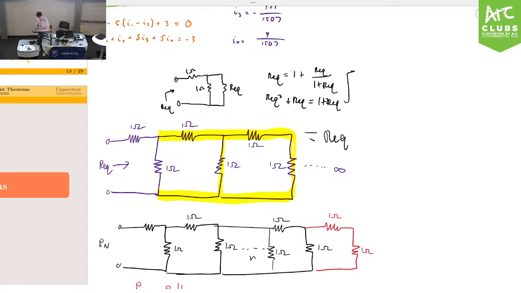If I rearrange, I get REQ squared minus REQ minus 1, my bad, is equal to 0. Now if you solve this, you'd have to complete the square because it's irrational, so you can't easily do this. But if you did solve it, you'll find that REQ is equal to 1 plus minus the square root of 5 on 2 ohms.